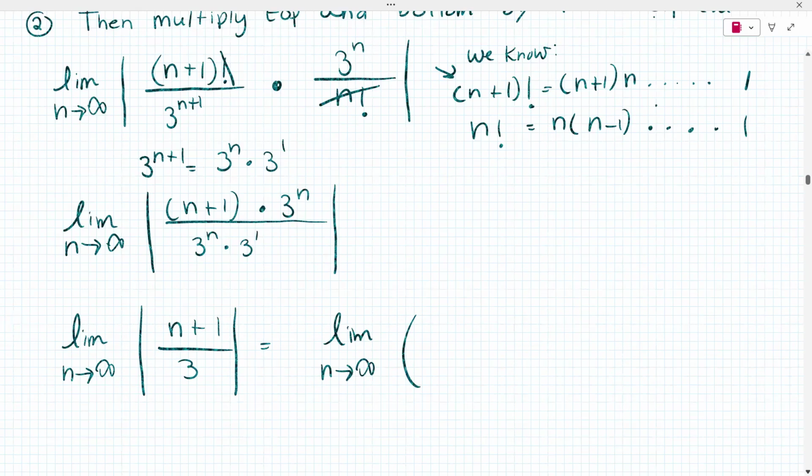The absolute value now just turns into 2.